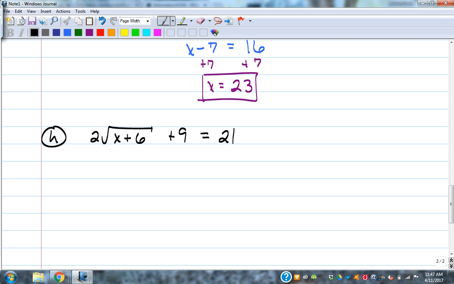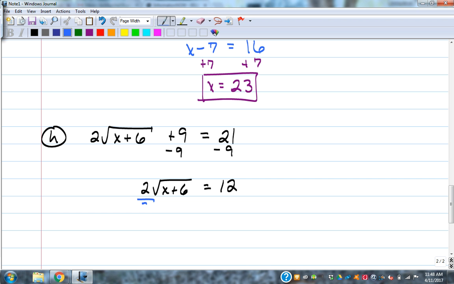Let's see if we can do this one. 2 square root of x plus 6 plus 9 is equal to 21. Subtract 9 first. And then so that's 2 square root of x plus 6 equals how much? 12. Now what?